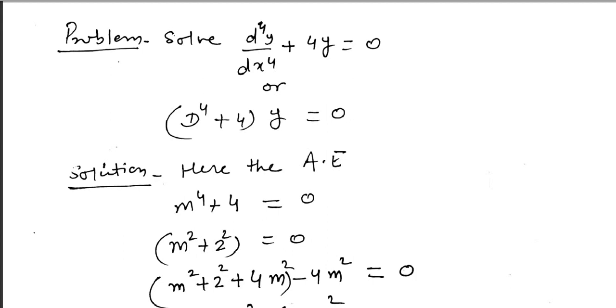Mathematically we can write this as m square plus 2 whole square equal to 0. Here m square plus 2 whole square plus 4m square minus 4m square equal to 0.